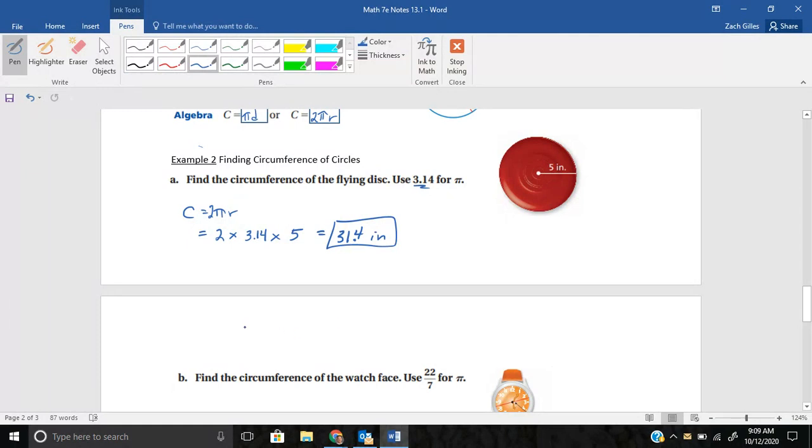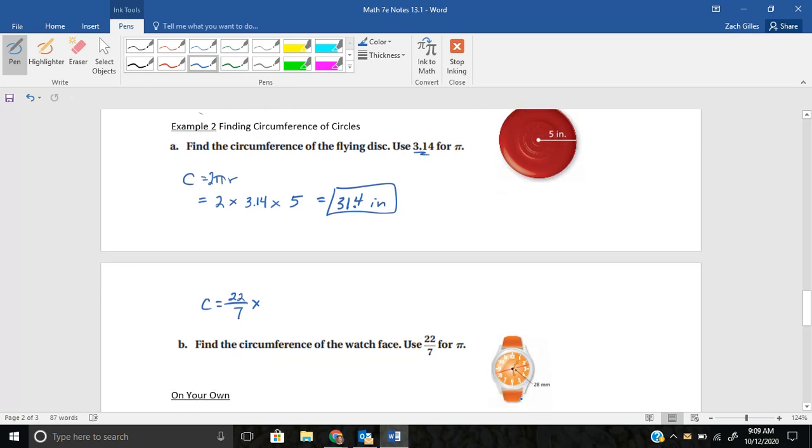So the circumference is equal to pi, and this time I'm using 22/7 times my diameter, and my diameter is 28 millimeters. And since I'm multiplying by a fraction, I'm going to make this whole number into a fraction by just putting 1 as the denominator.